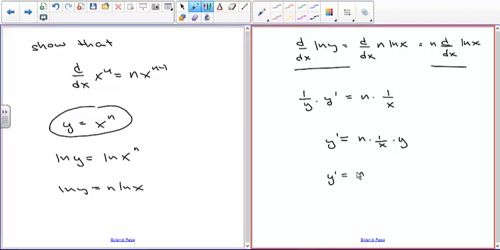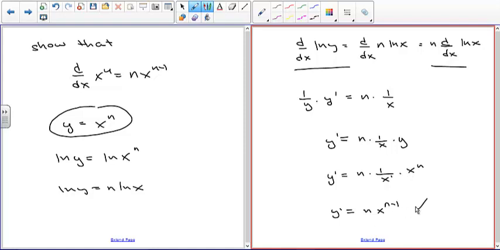So we'll have n times 1 over x times x to the n. And then if you use the properties of exponents, we can combine these two, and because that's in the denominator, we're going to subtract the exponent. So you get n times x to the n minus 1.